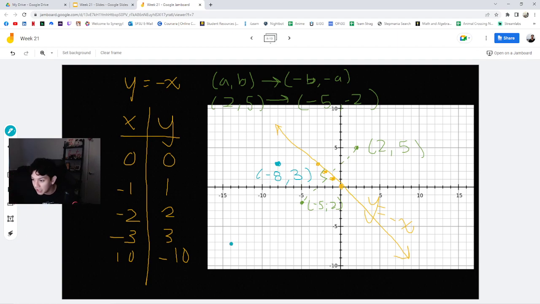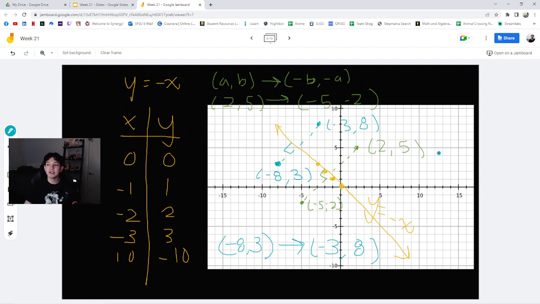So instead of it being -8 and 3, it's now going to be 3, -8, and then we change the signs of both of the numbers. So instead, it's now going to become -3, +8. So where's -3, +8? -3, 1, 2, 3, +8, 1, 2, 3, 4, 5, 6, 7, 8. Right over here at -3, +8. And let's see if it lines up to the line, and it does.